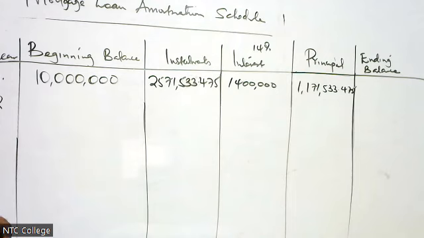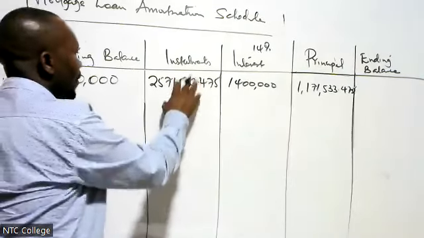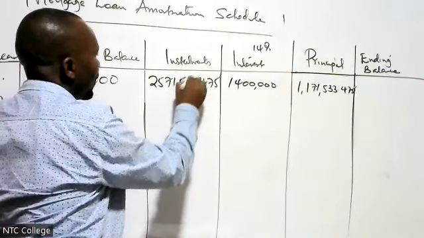Correction. The installment should be 2,571,553, not 533. Sawa.